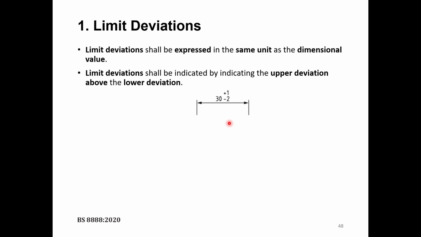So in here, the maximum and the minimum deviation are on the left and the right-hand sides of the zero line.